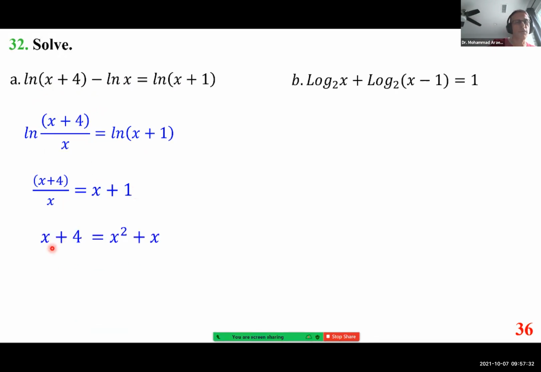We can drop the x from both sides. x squared equals 4. x is plus minus 2. You go back to the original equation and you check, negative 2 will not cut it because it creates a negative argument right here. Understand it's fine here because negative 2 plus 4 is positive 2, but over here it creates a problem, and that's out.